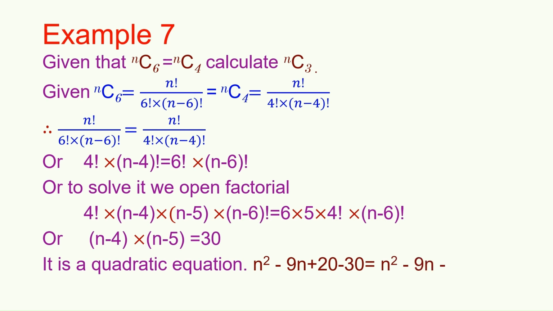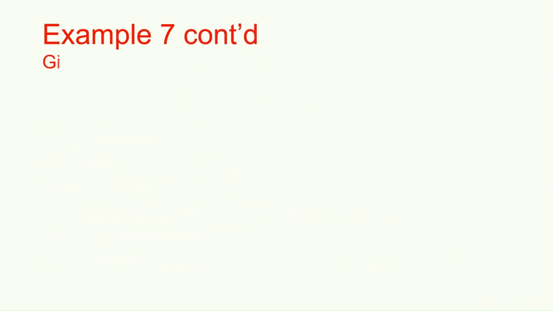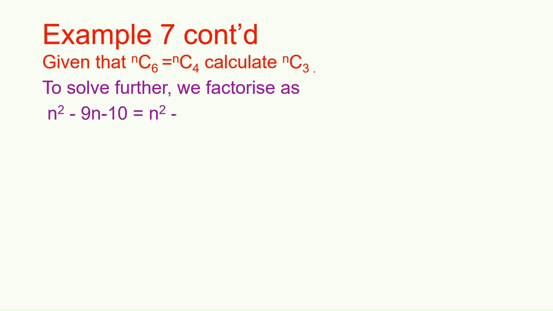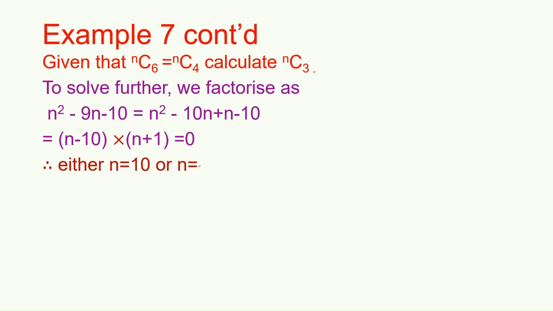It is a quadratic equation. n square minus 9n plus 20 minus 30 equals n square minus 9n minus 10. To solve further, we factorize: n square minus 9n minus 10 equals n square minus 10n plus n minus 10, which equals n minus 10 times n plus 1 equals 0.